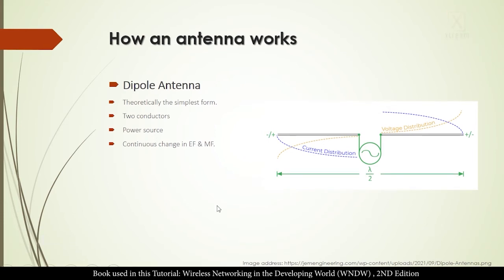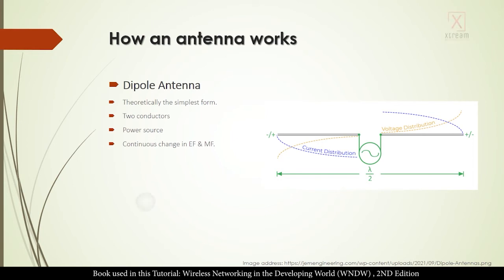Now we will discuss the antenna, what an antenna is. We already have discussed it and how it works. So in this case we will take the dipole antenna, which is theoretically the simplest form of antenna. In a dipole antenna we have two conductors and a power source.